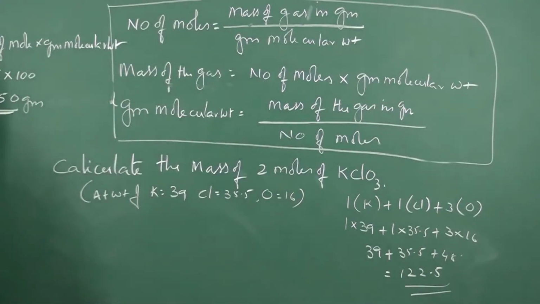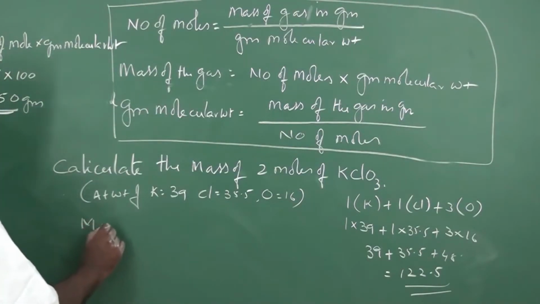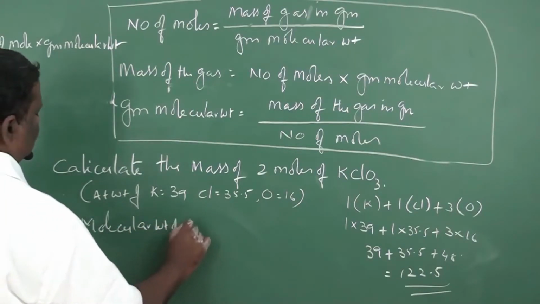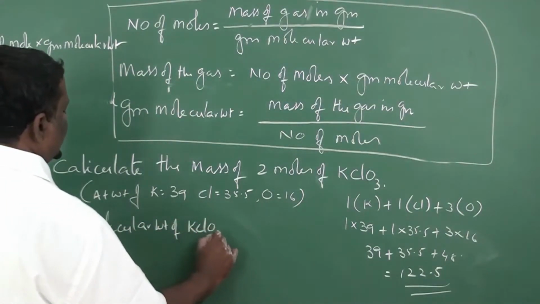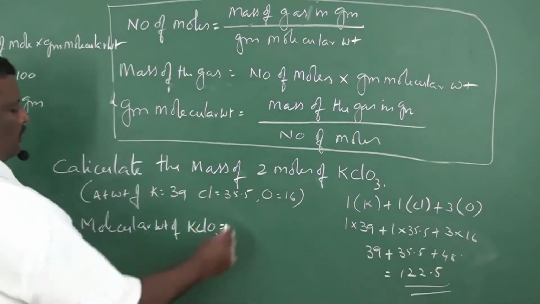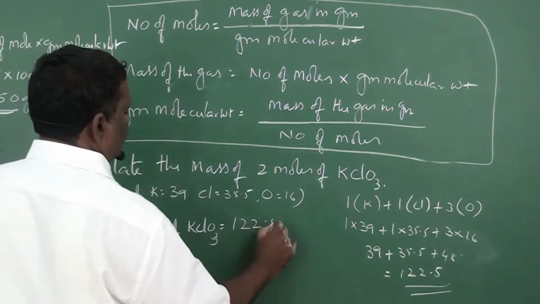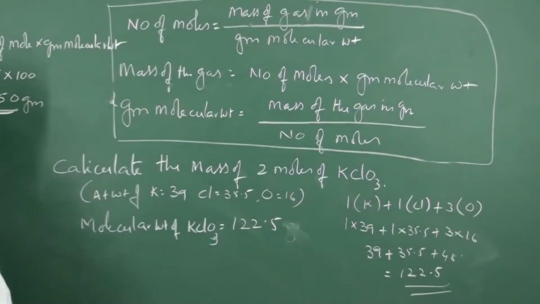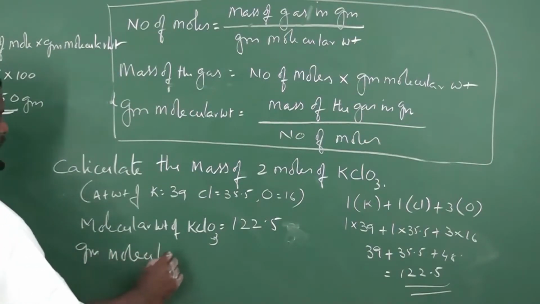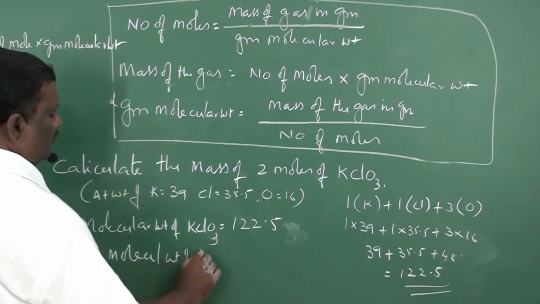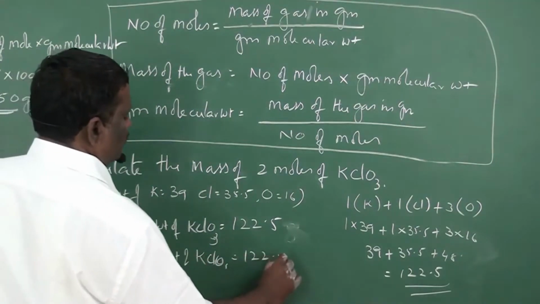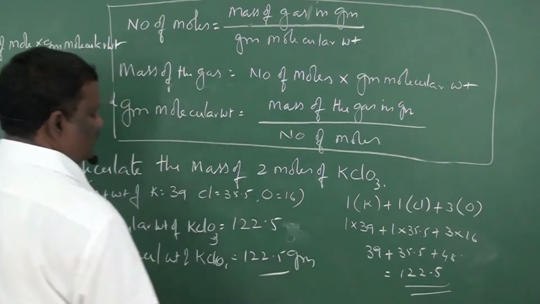So the molecular weight of KClO3 is equal to 122.5, then gram molecular weight of KClO3 is equal to 122.5 grams.